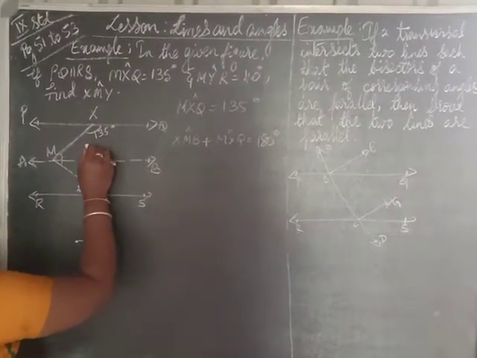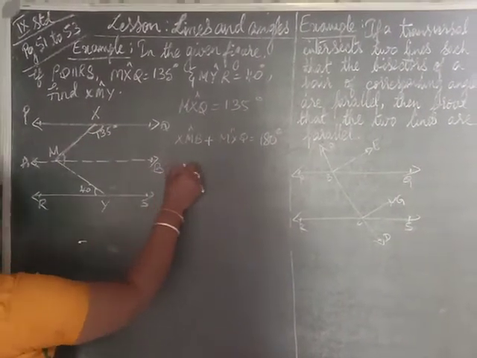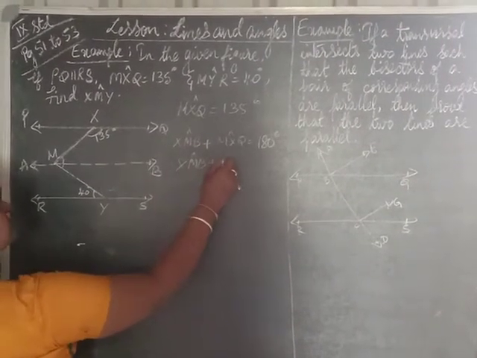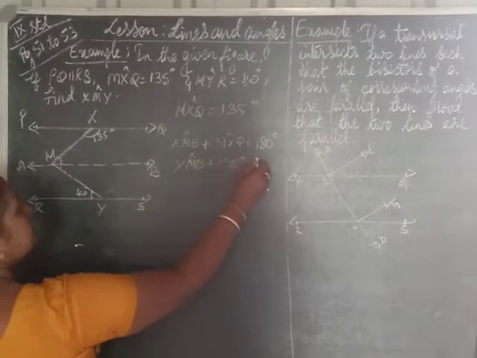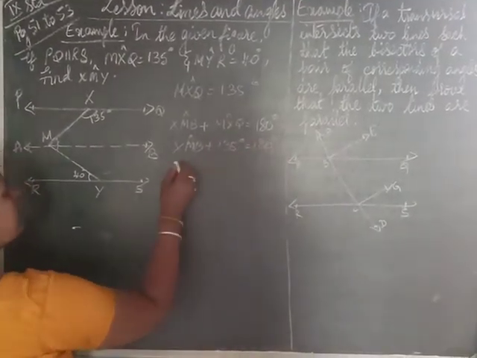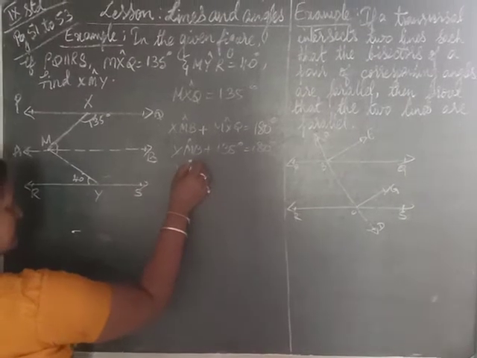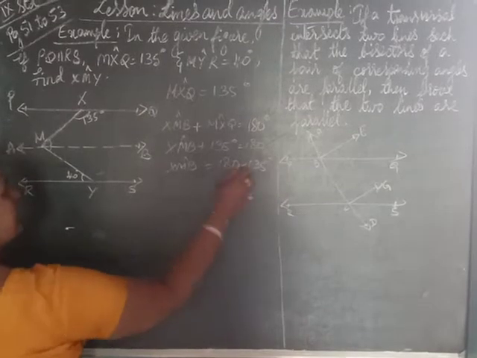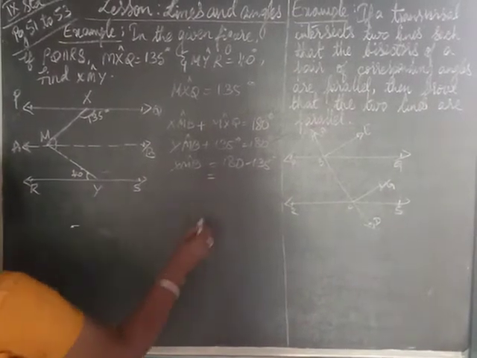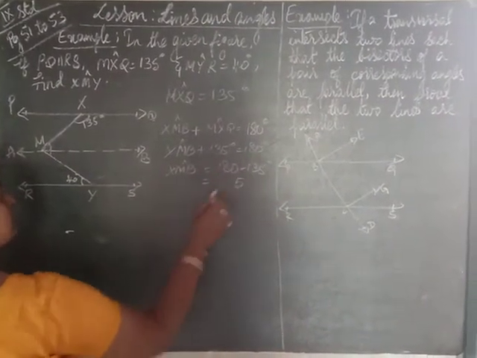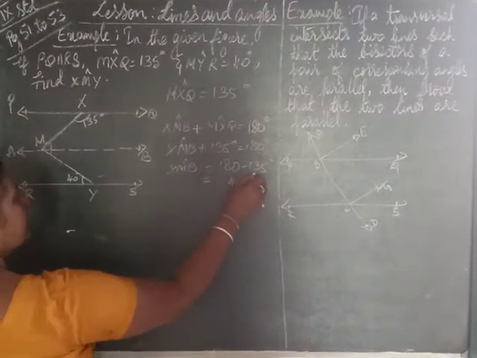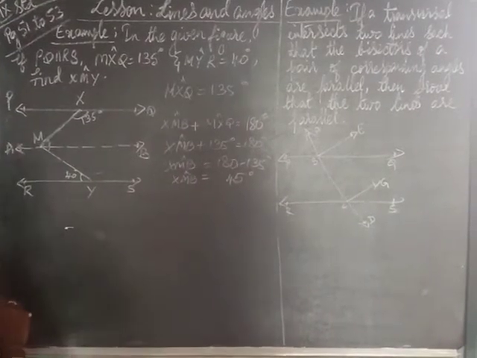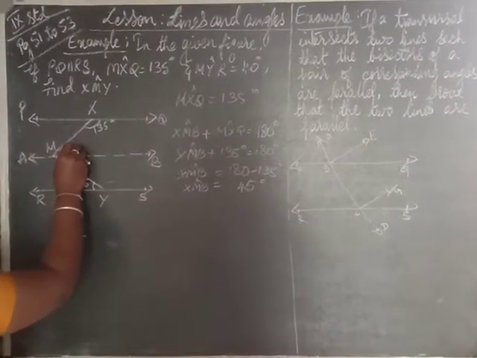So XMB plus MXQ, which is 135, is equal to 180. Now XMB is equal to 180 minus 135, which is 45. XMB is equal to 45. This angle we got is 45 degrees.